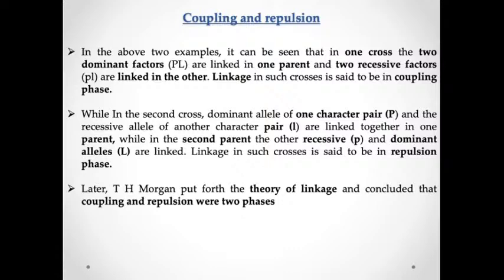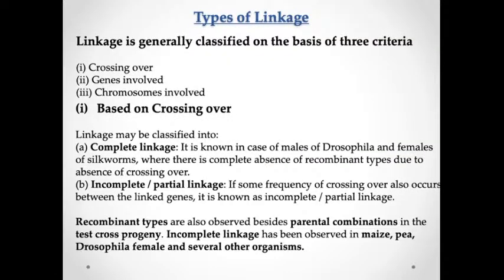While in the second cross, the dominant allele of one character pair and the recessive allele of another character pair are linked together in one parent, and in the second parent, recessive and dominant alleles are linked. Linkage in such crosses is said to be in repulsion phase. So Morgan put forth the theory of linkage and concluded coupling and repulsion were two phases.